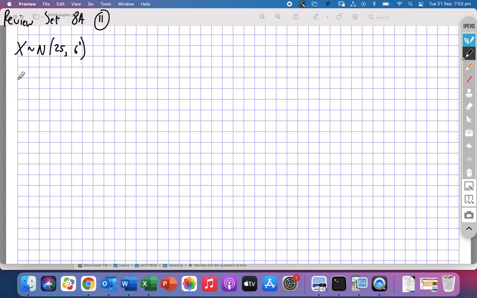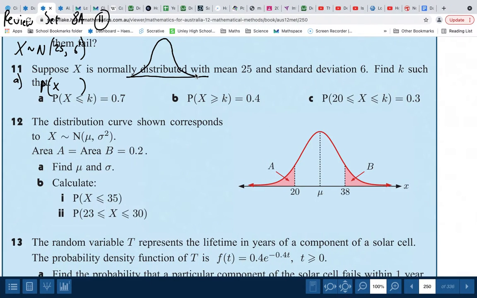Right. Now in A, they say the probability of X something. I can't remember. But what I'm going to do is start drawing a little normal curve, like a bell. There we go. Okay, the probability that X is smaller than K is 0.7.